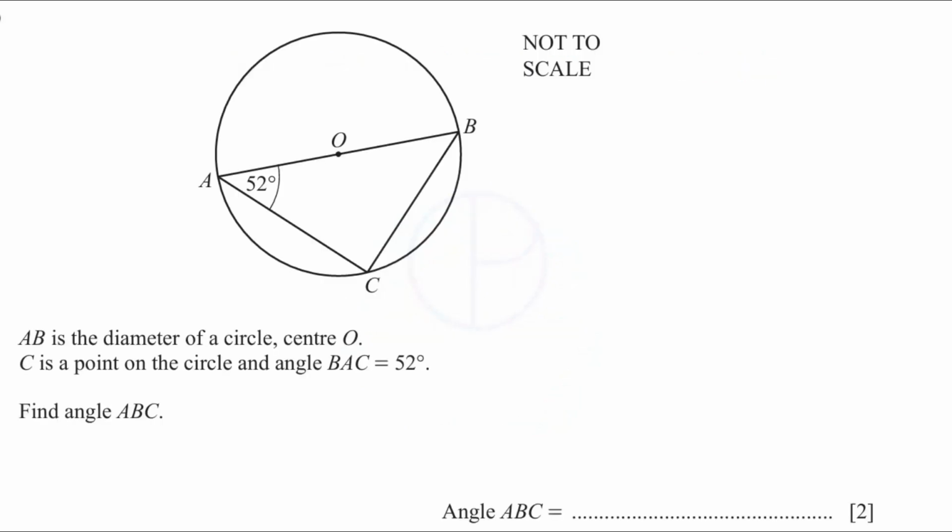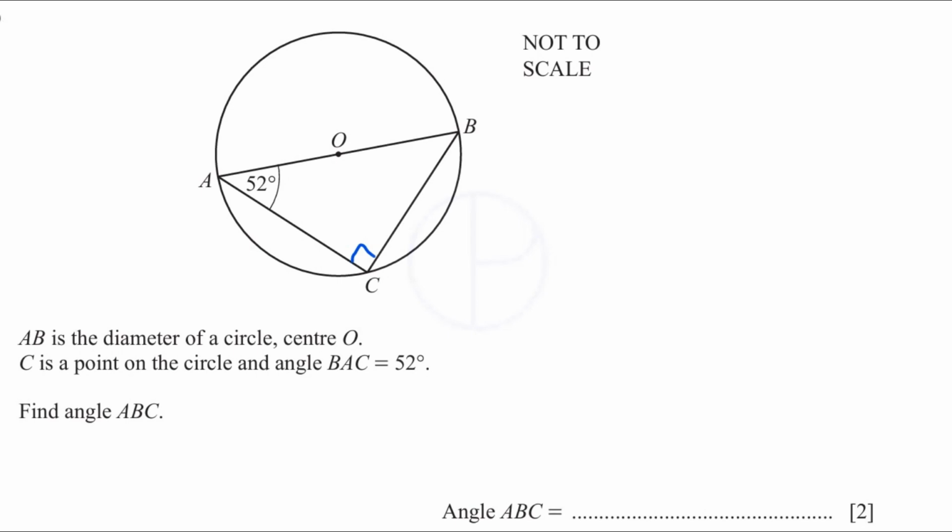Let's look into this question. AB is the diameter of a circle, center O. C is a point on the circle and the angle BAC is 52 degrees. Find the angle ABC. So we know that the angle in a semicircle is 90 degrees. The angles in a triangle add up to 180.